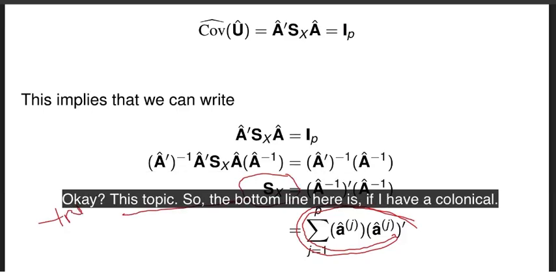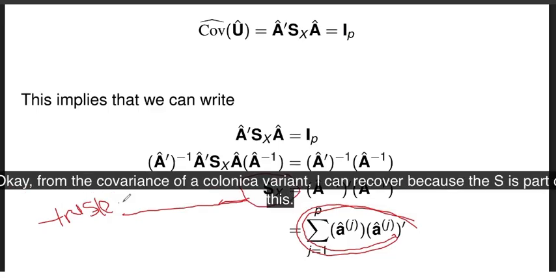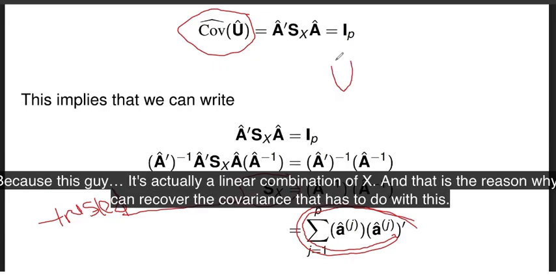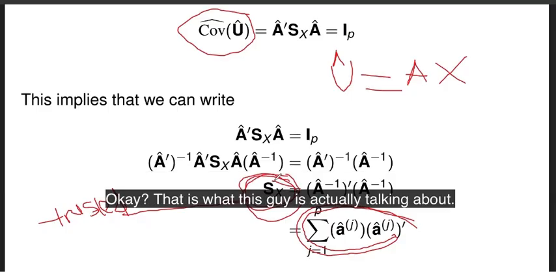The bottom line here is that from the covariance of a canonical variate, I can recover the covariance that has to do with S, because this guy is actually a linear combination of S. Okay? That is what this guy is actually talking about.